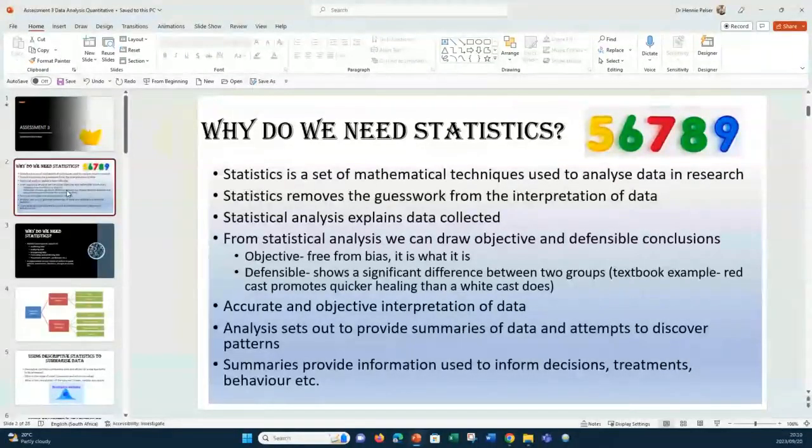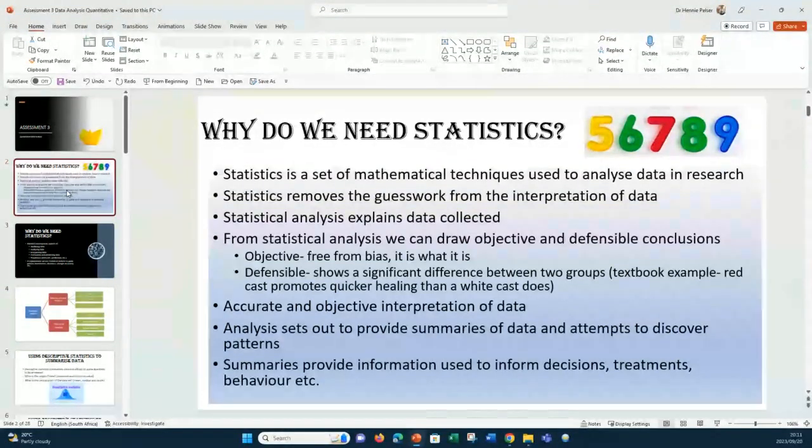They're mathematical techniques. From an objectivity perspective, we have taken bias out of our decisions, and it gives us defensible arguments where you can say to people, based on what we've taken from a statistical perspective, this proves to be true. And it summarizes information.